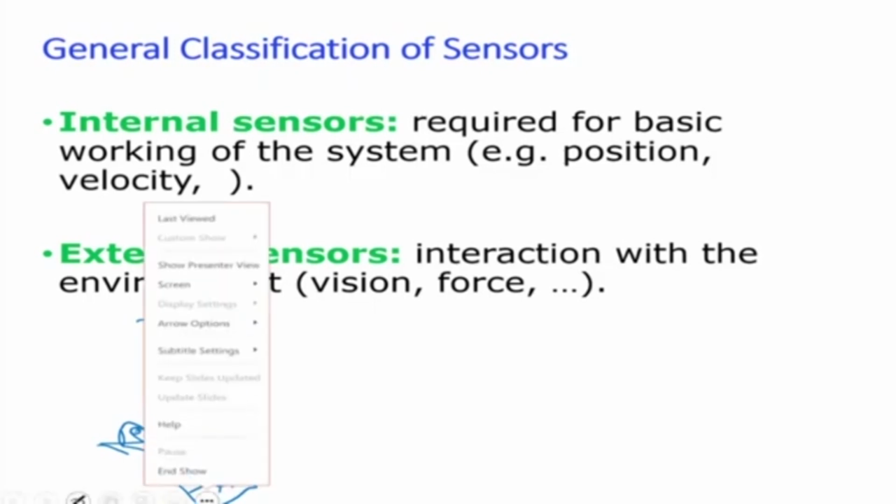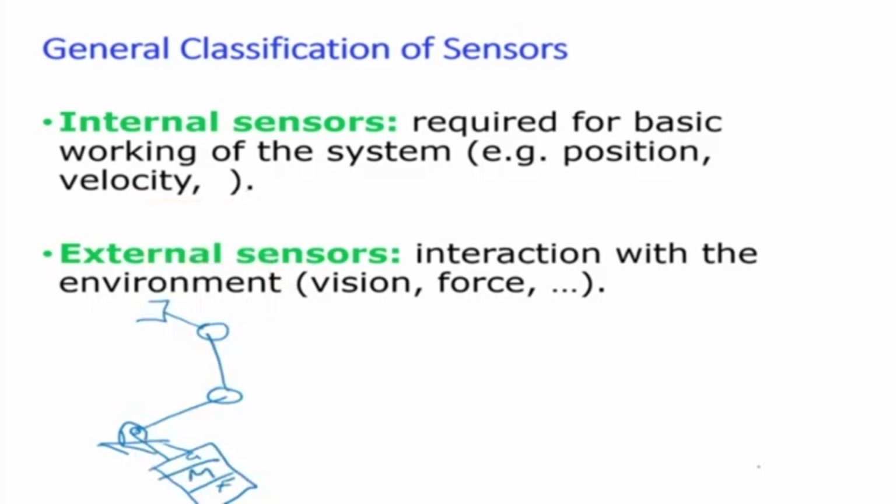This encoder here is a position sensor, and this sensor essentially senses the position of the link at every instant. But a robot can have other kinds of sensors also. For example, there can be a vision camera, there can be ultrasonic sensors for a mobile robot which is sensing distance to obstacles. So there are different kinds of sensors in the robot, and these sensors are classified based on these two groups.